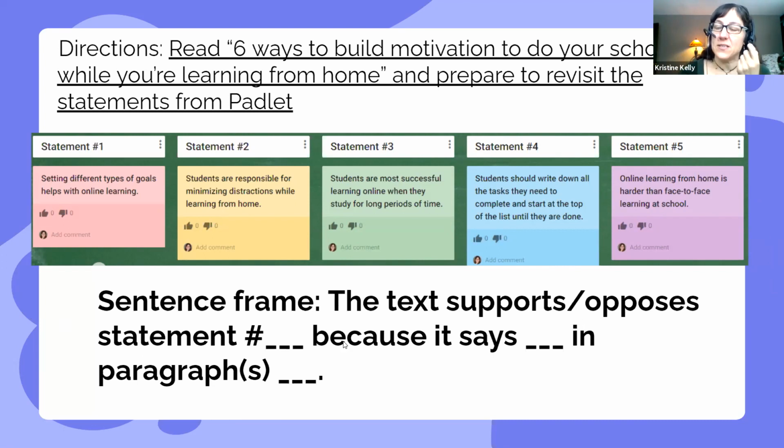So there are different ways to use this, but I think what's key is it's a great pre-reading activity, but how can you bring in a comprehension piece? And as a side note about using the Padlet, when I first started teaching online, I was like, how can I take what I'm doing in person and all the things I have already created and make it work online?